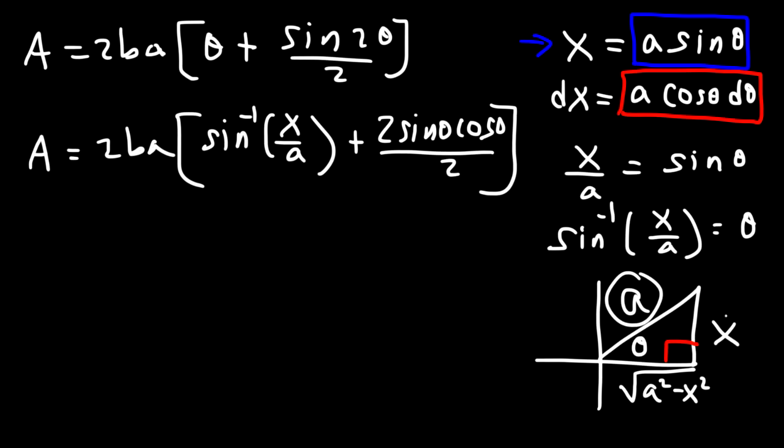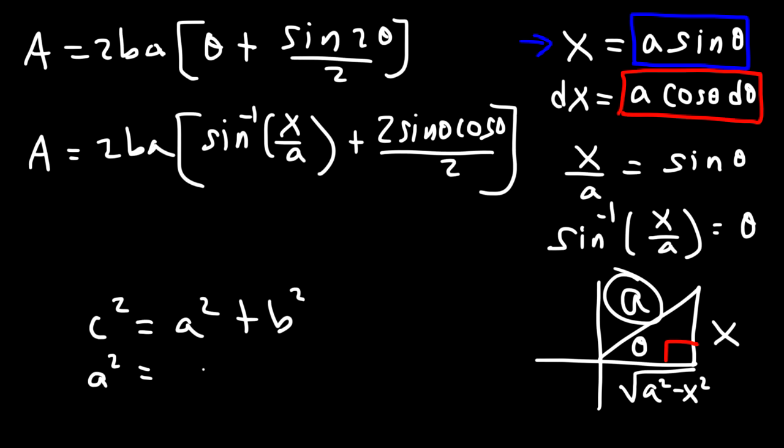It's c squared minus b squared to get this missing side. It's based on the Pythagorean theorem, c squared is equal to a squared plus b squared. In this case, a is the hypotenuse, so a is really c. And let's say this a is x, and we're solving for b.